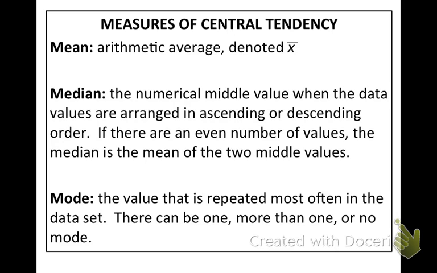You can have one mode, you can have more than one mode, or you can have no mode. If you have no mode, make sure you say no mode. Don't say zero, because that's then stating that you are saying zero occurs the most often. So if you have two digits that are repeated the same amount, then you would have two different modes, and that can happen. That's okay.